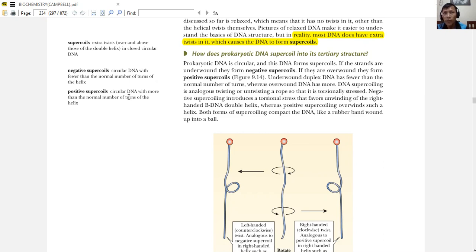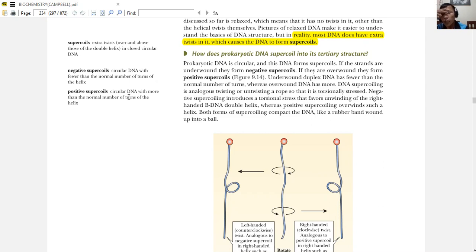So if that exceeds 10 for every coil, for a positive supercoil, that would be more base pairs per distance, while for a negative supercoil, your number of base pairs would be a little bit less with respect to distance.